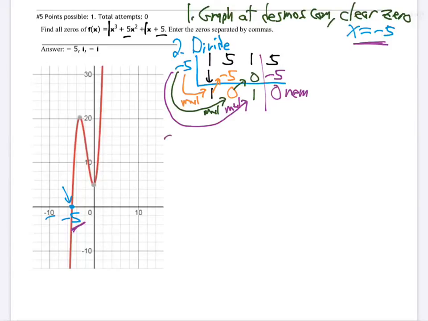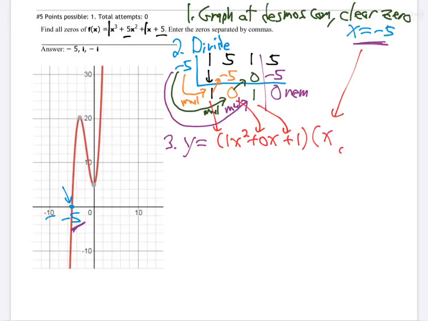Okay, so step 3, that gives us y equals, so what's left there? 1x squared plus 0x plus 1, and remember opposites would be x plus 5. So it's opposite when you put a single number next to x plus 5 there. Okay, opposite of -5. Okay, so now we go to the quad, our friend the quad.